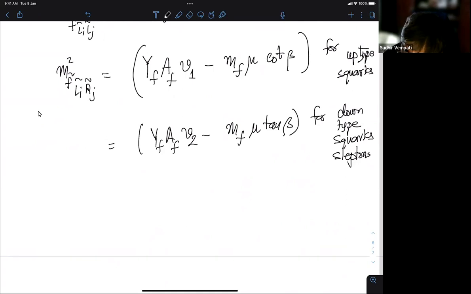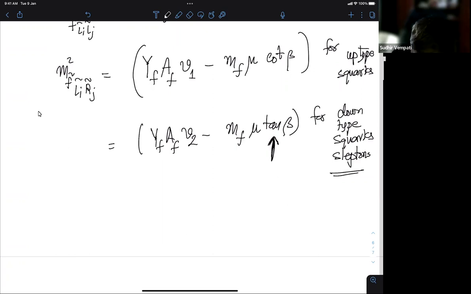There is an enhancement of the left-right mixing in the down type squark. So this is a term which leads you to enhancement of the left-right mixing in the down type quarks essentially, in the large tan beta limit.